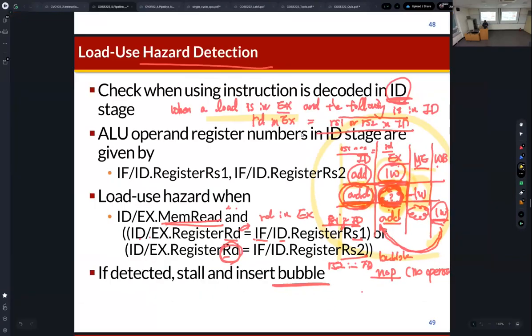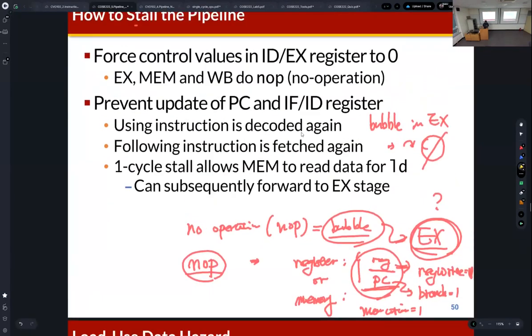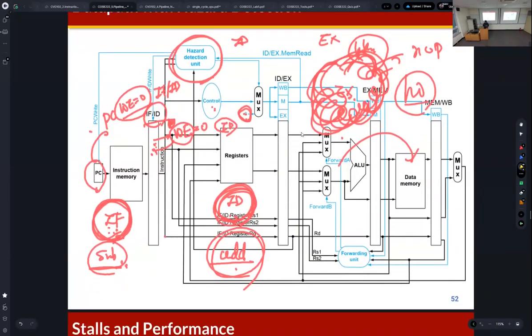So we need to implement this bubble generation, and the instructions in the instruction fetch and ID stages need to be stalled.